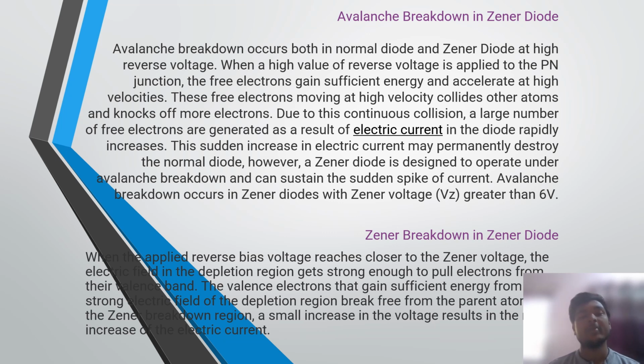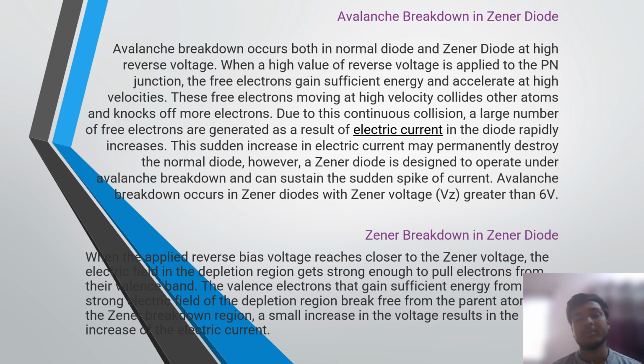These free electrons collide with other atoms and knock off more electrons. Due to this continuous collision, a large number of free electrons are generated, and as a result the electric current in the diode rapidly increases. The sudden increase in electric current may permanently destroy a normal diode.